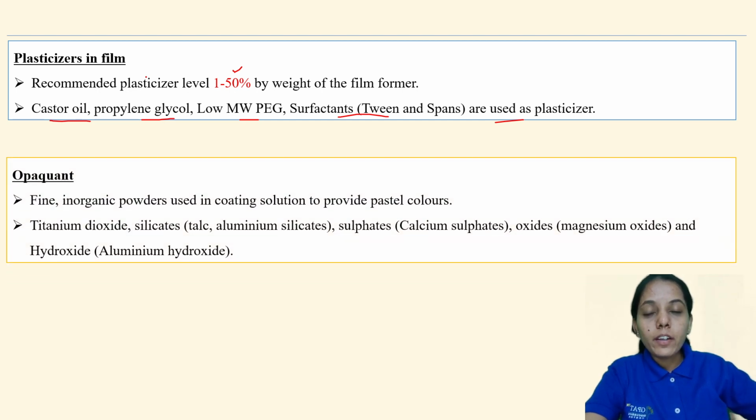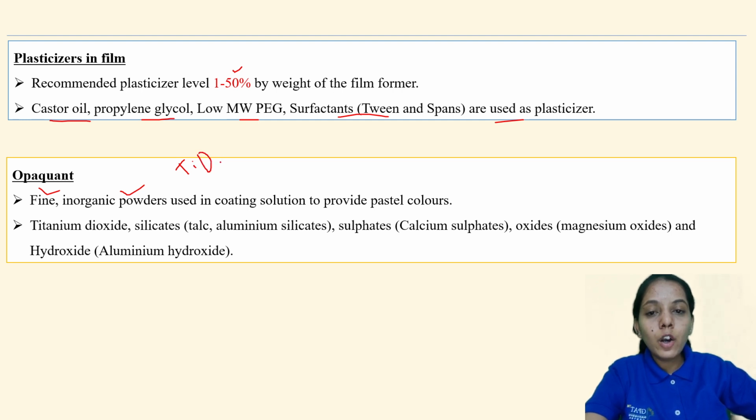Next is opacifier. Opacifier means if we want to protect the tablet from direct sunlight, it gives an opaque nature, meaning it is not transparent. What is added for that? Fine inorganic powders used in the coating solution. Remember titanium dioxide, TiO2.